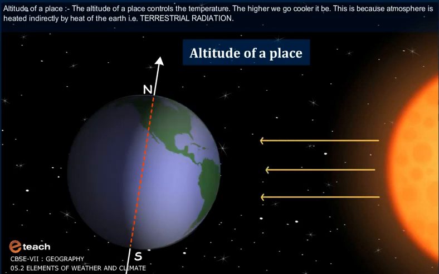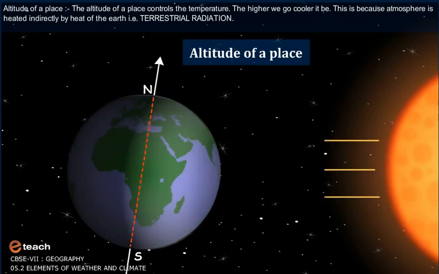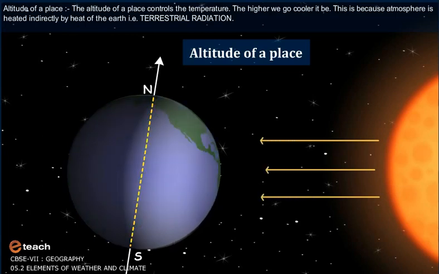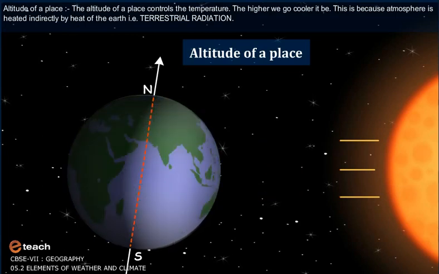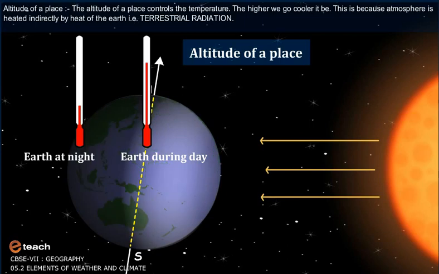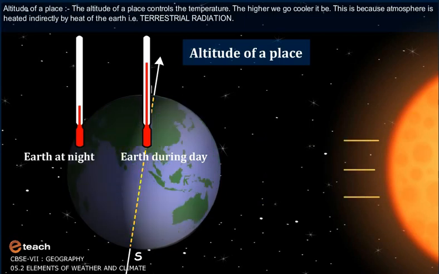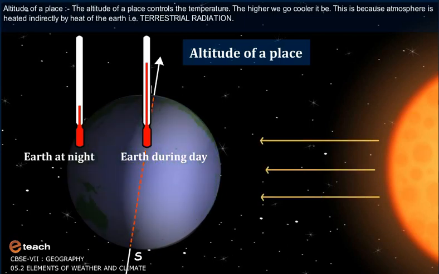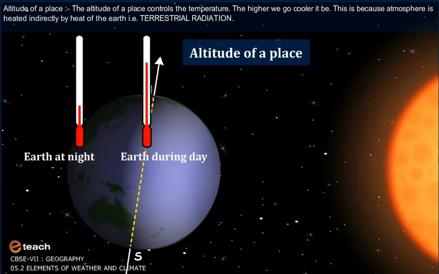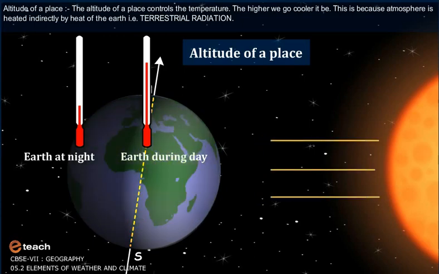Altitude of a place. The altitude of a place controls the temperature. The higher we go, the cooler it gets. This is because the atmosphere is heated indirectly by the heat of the earth, that is, terrestrial radiation.